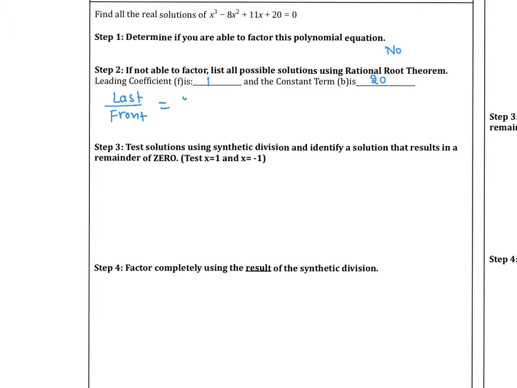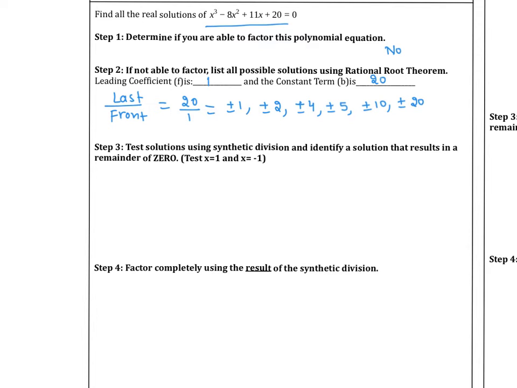The last number is 20 and the front number is 1. Factors of 20 are plus or minus 1, so you need to take the integers, meaning both positive and negative numbers. Plus or minus 2, plus or minus 4, plus or minus 5, plus or minus 10, plus or minus 20. So these are the possible factors that can divide this polynomial completely.